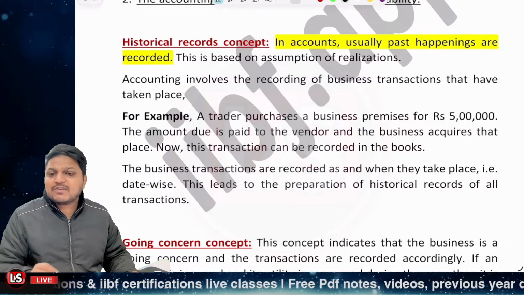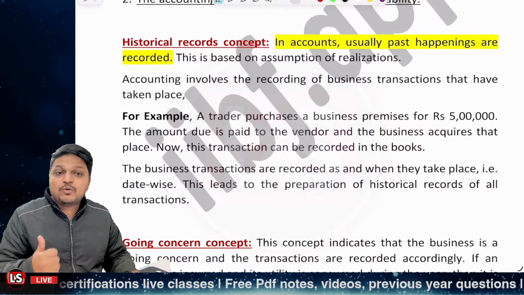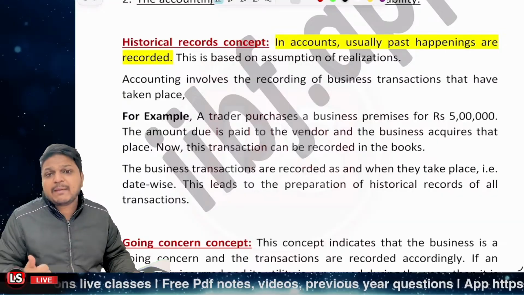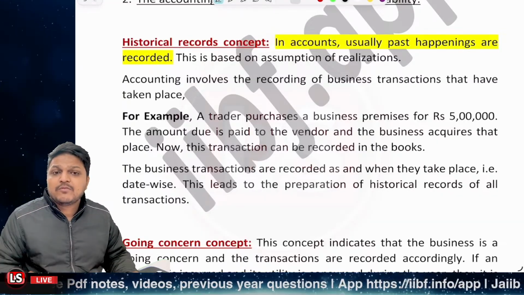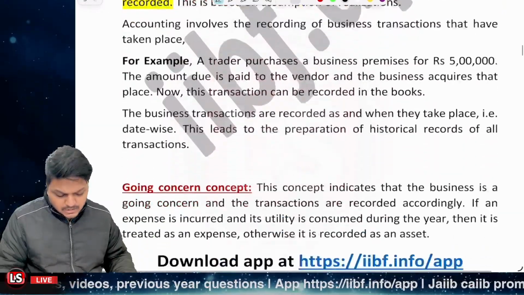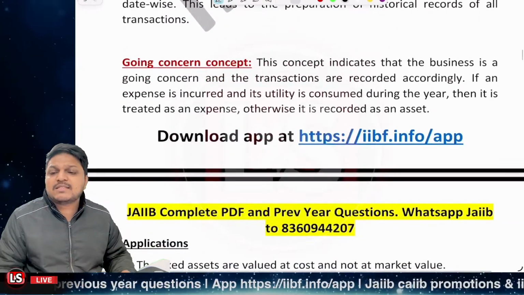Business transactions are recorded only if they have already happened, in a date-wise, chronological manner. Further, there is the going concern concept.